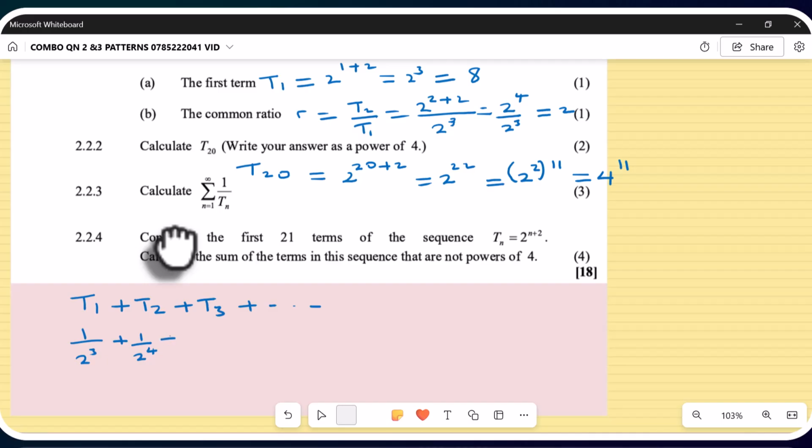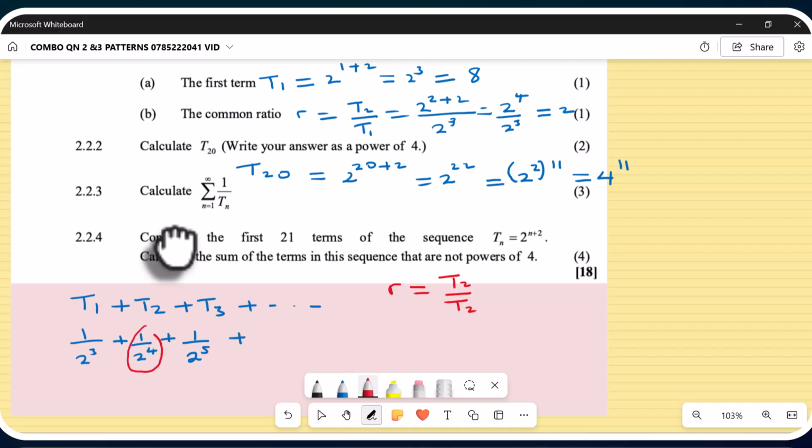So starting from 2 power 3, we have 2 power 3, and then plus 2 to the power 5, and then plus 2 to the power 6, and then plus 2 power 7.